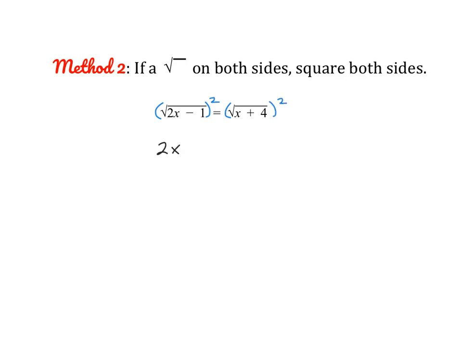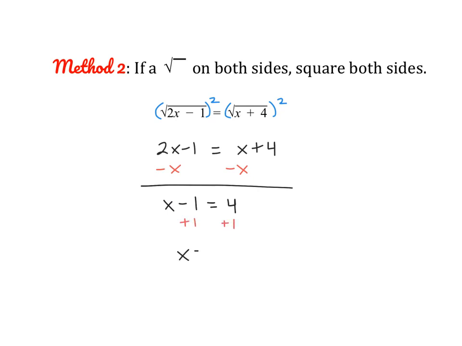And you get 2x minus 1 equals x plus 4. Now I just need to solve for x. Remember, when you have a variable on both sides, pick the smaller one and move it. So I can subtract 1x from each side, and I get x minus 1 equals 4. Then I can add 1 to both sides, and we get x equals 5.